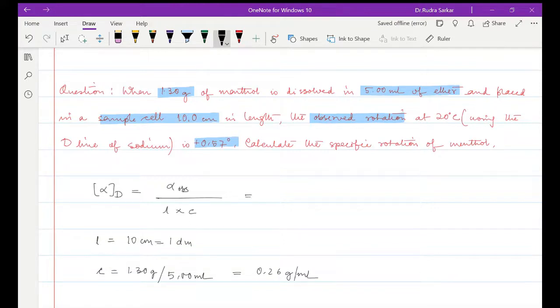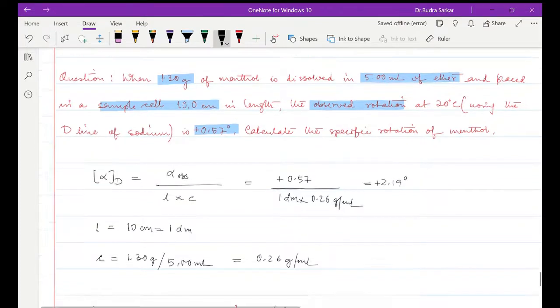We just need to plug in these values. So we will have plus 0.57 divided by 1 dm into 0.26, so that comes out to be plus 2.19 degree.